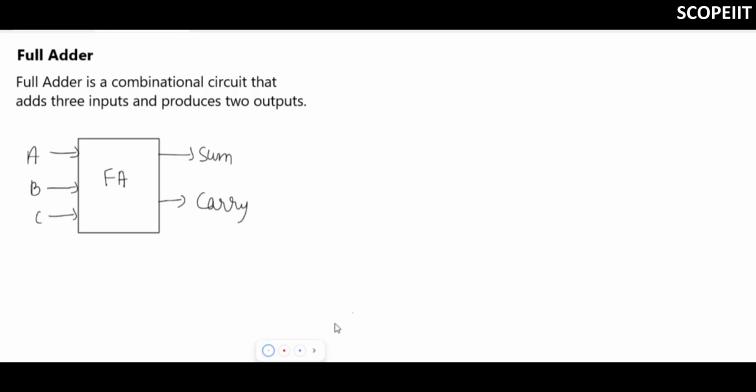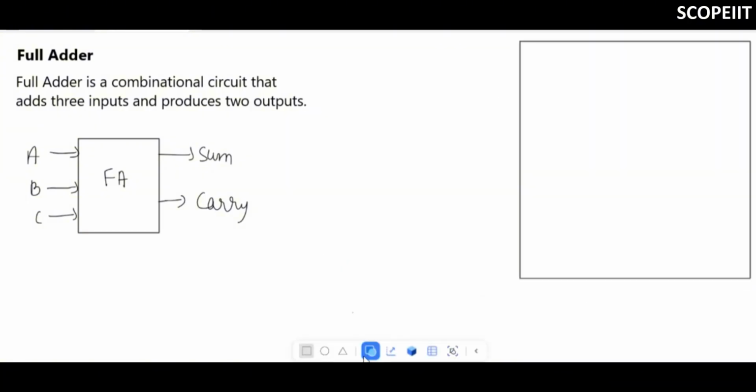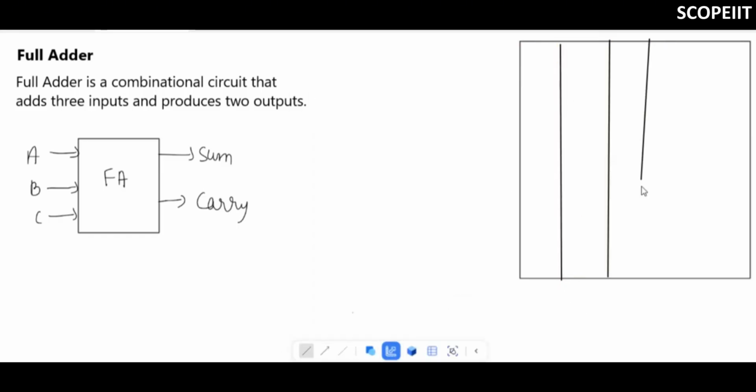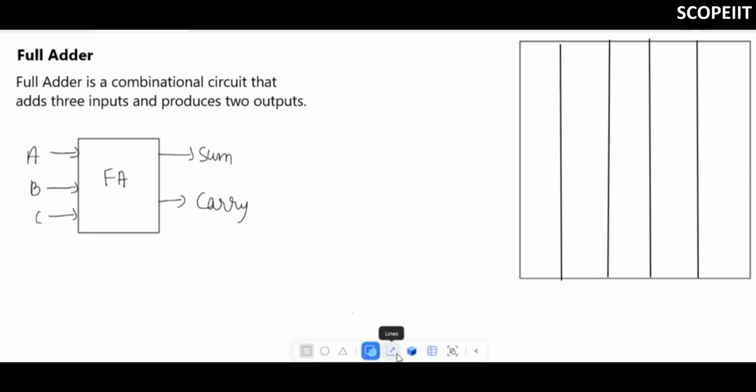Next we'll construct the truth table for full adder. As there are 3 inputs, we'll write here A, B and C. And the outputs are sum and carry, so the same thing we'll write here. Now, how to write it in digital logic with 3 variables?